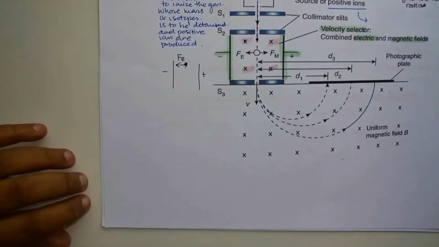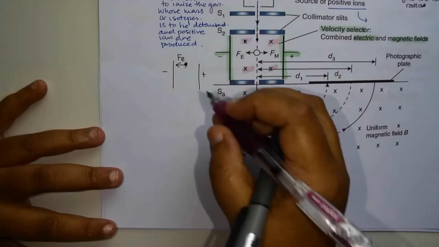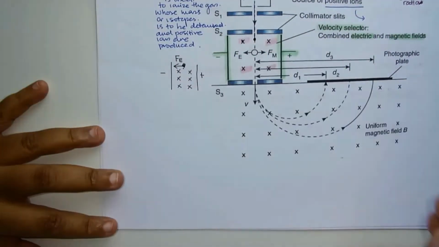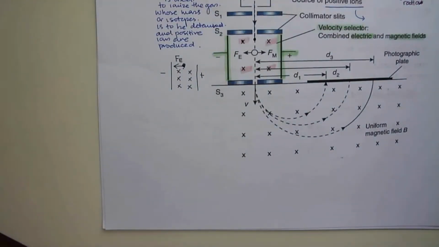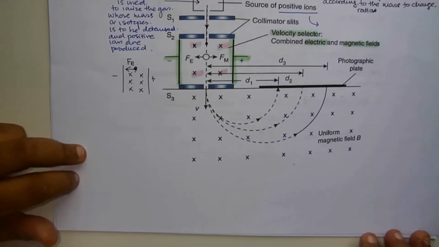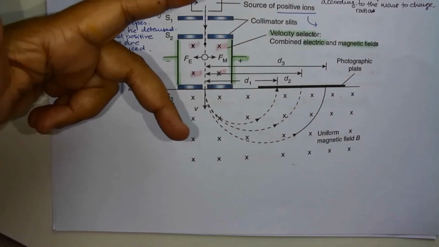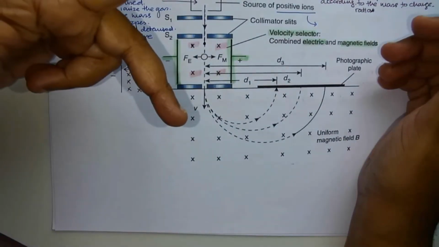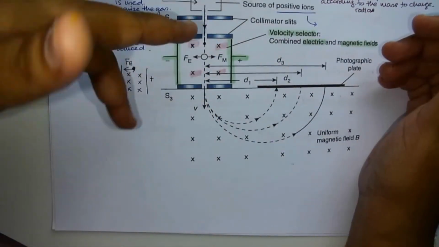Then you have a magnetic field, so the ion will also experience a magnetic force. To find its direction we use Fleming's left hand rule for the positive ion.